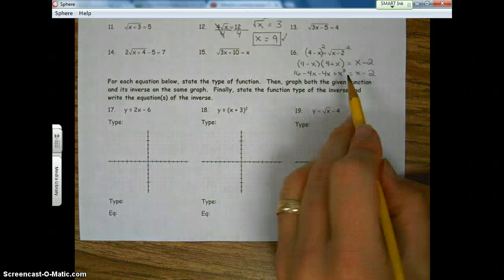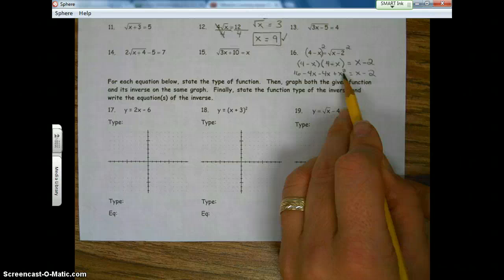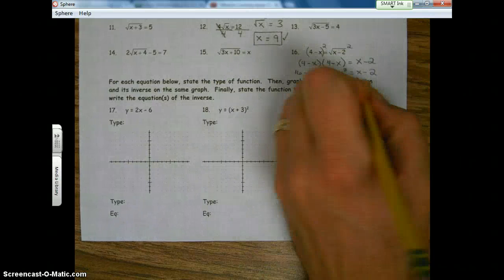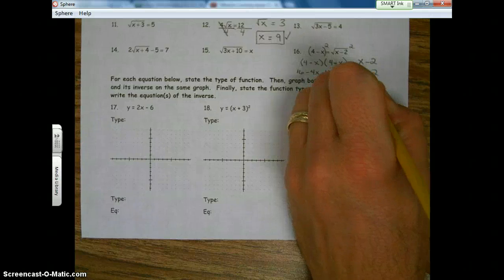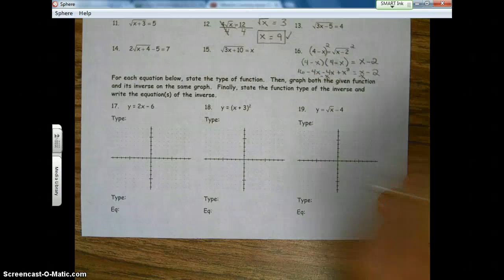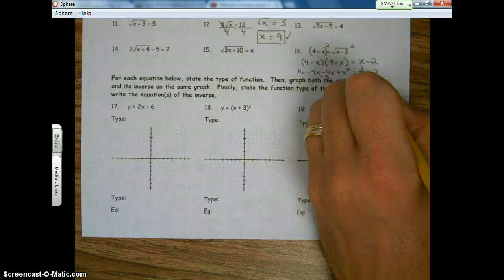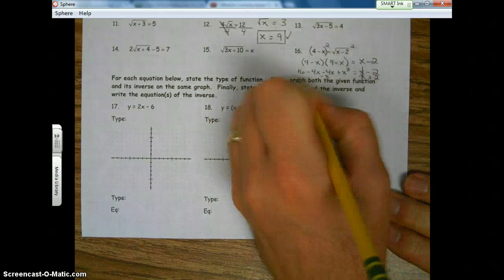Okay, now we notice that it is quadratic, so we have to set the equation equal to 0. So I'm going to go ahead and set this side equal to 0 by subtracting x. That's going to cancel that x out. I'm going to add 2.